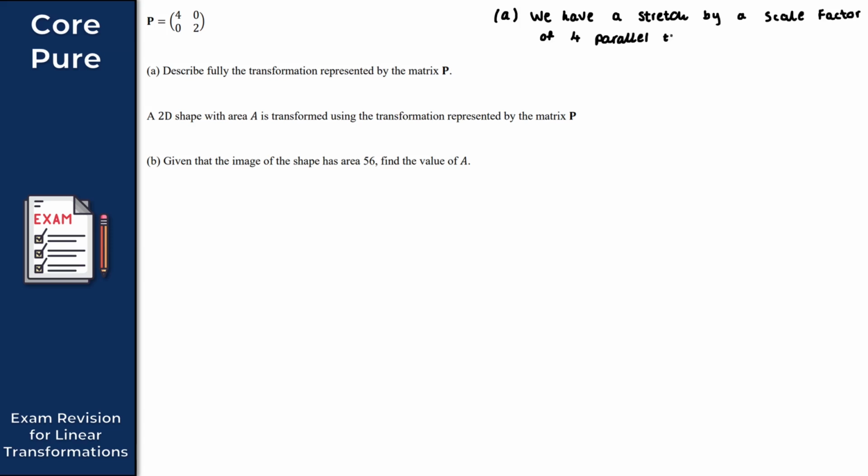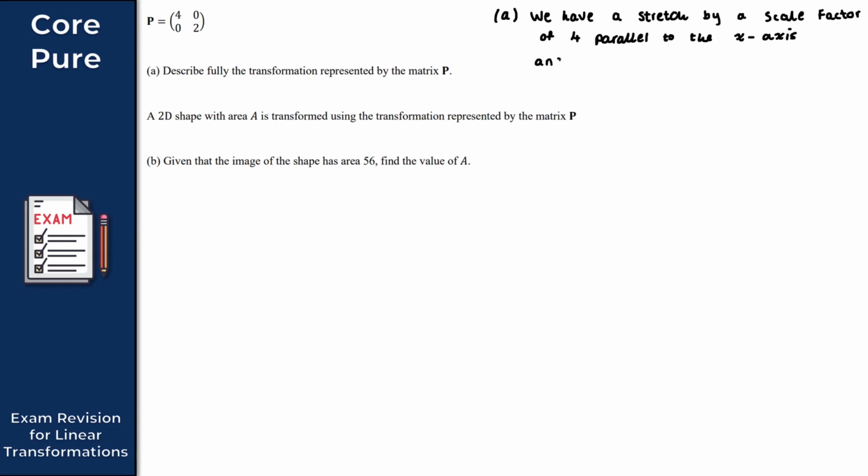So parallel to the x-axis here. And we also have then a stretch by a scale factor of 2 parallel to the y-axis, right? And you do need to write both of these down here. Obviously, you can't write down just this one. So we're also stretching by a scale factor of 2 parallel to the y-axis, right?